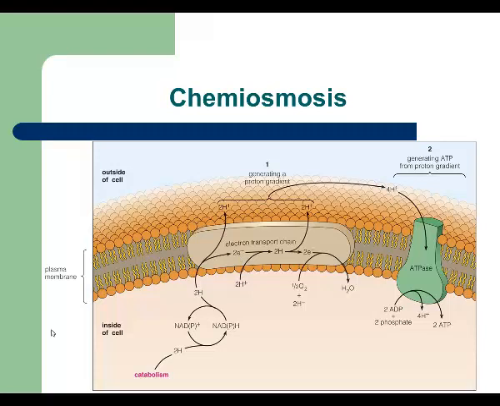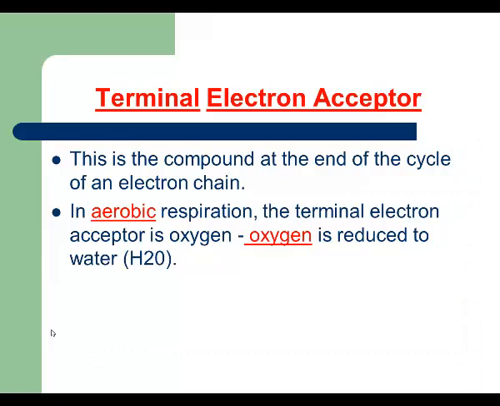Electrons will be moved to the end of the electron transport chain where they will be picked up by what we call the terminal electron acceptor. We are talking about aerobic metabolism right now, or aerobic respiration.